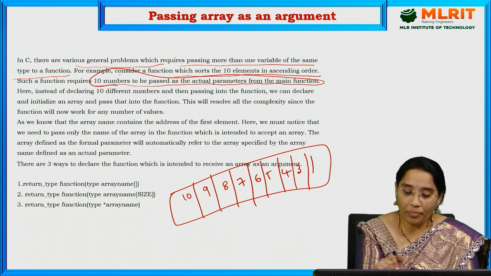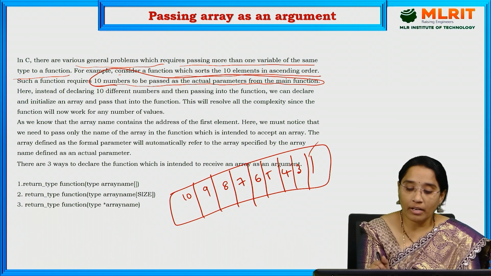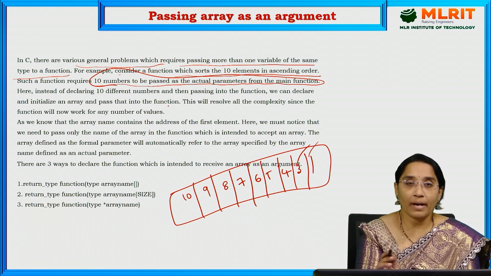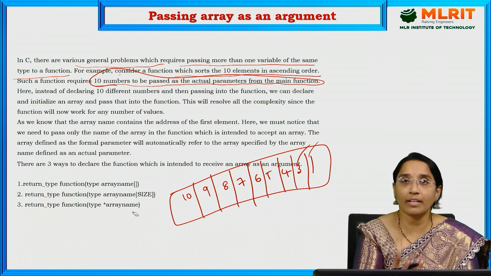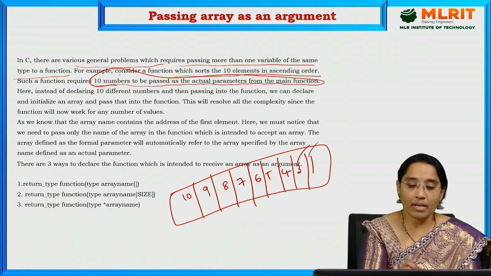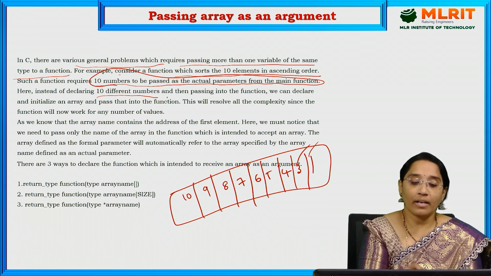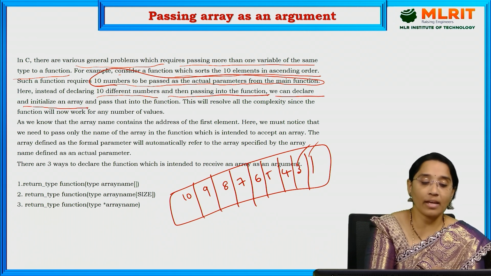So how to pass these numbers as the input to a function? You can't give 1 the first time, 2, 3 like that, right? You have to pass all the 10 numbers at a time so that you get the final sorted list as the answer. Here, instead of declaring 10 different numbers and then passing them into the function, we can declare and initialize an array.